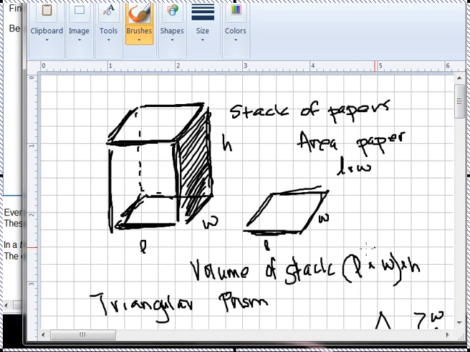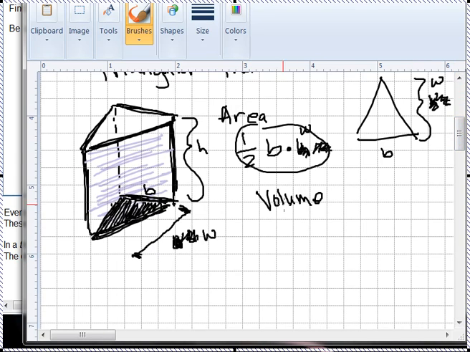We took the area and we multiplied it by the height. So in order to find the volume of a triangular prism, you would say, okay, well, that's 1/2 base times width, which is the area of the triangle, and then you multiply that by H. Does that make sense to you folks?